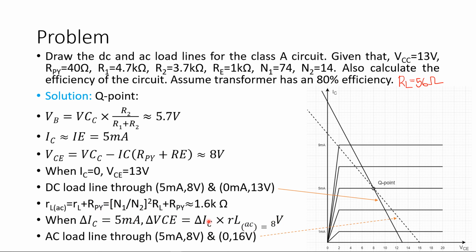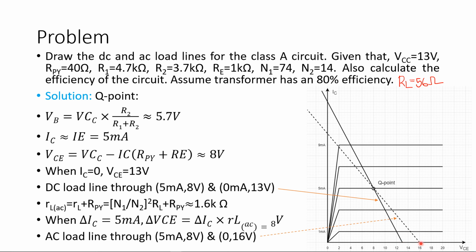So now we have del VCE, that means the change in collector to emitter voltage is 8 volts. Previously the Q point was at 8 volt. Now on top of that you have an additional swing of 8 volt. If you add towards your right hand side from 8 to 8, you get 16.